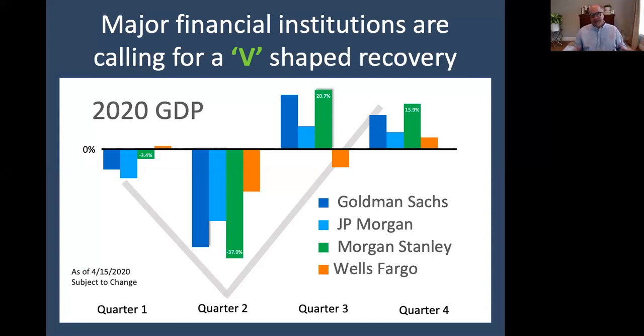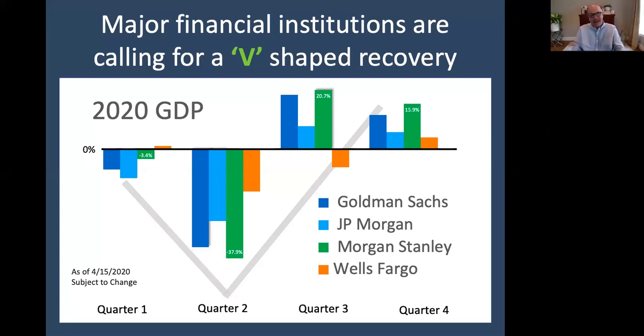All four of these institutions are calling for recovery. You can see in the Q3, Wells Fargo is saying we see a little bit of negative GDP in the Q3. The other three are saying that, but they all agree in the Q4. So sometime in the second half of this year, and a lot of questions to be answered in that, we see that recovery happening.